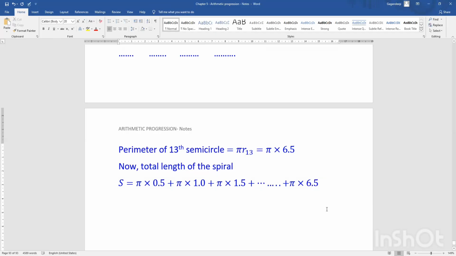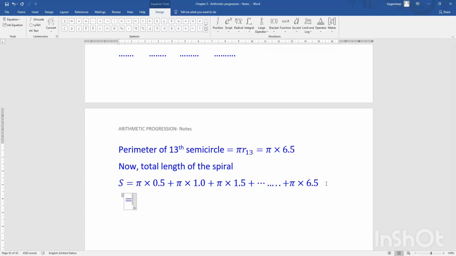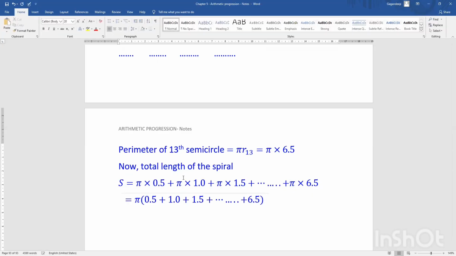Which in my next step, I write as equal to pi, bracket open, 0.5 plus 1.0 plus 1.5 plus so on, plus 6.5, bracket close, or it's equal to pi into S13.